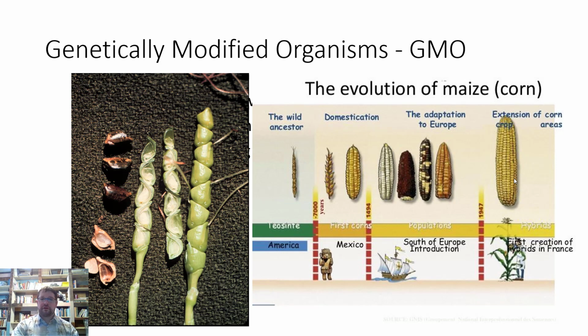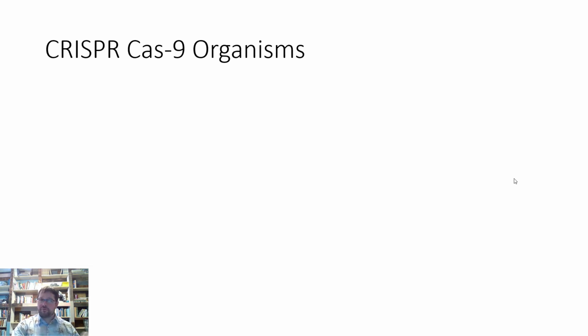All right, now let's bounce over to one other new technique. This new technique is great for agricultural corporations and agricultural businesses. It's great for many scientists. And that's CRISPR-Cas9.